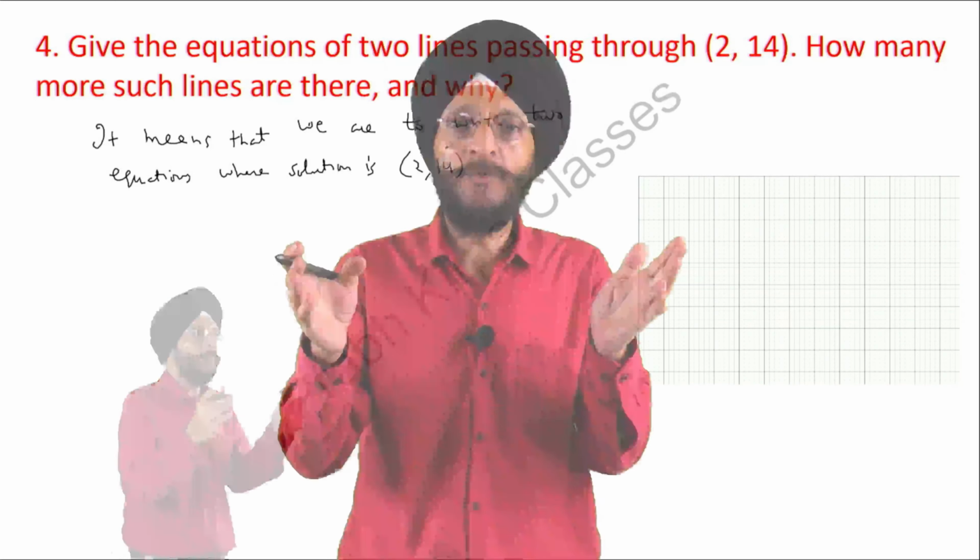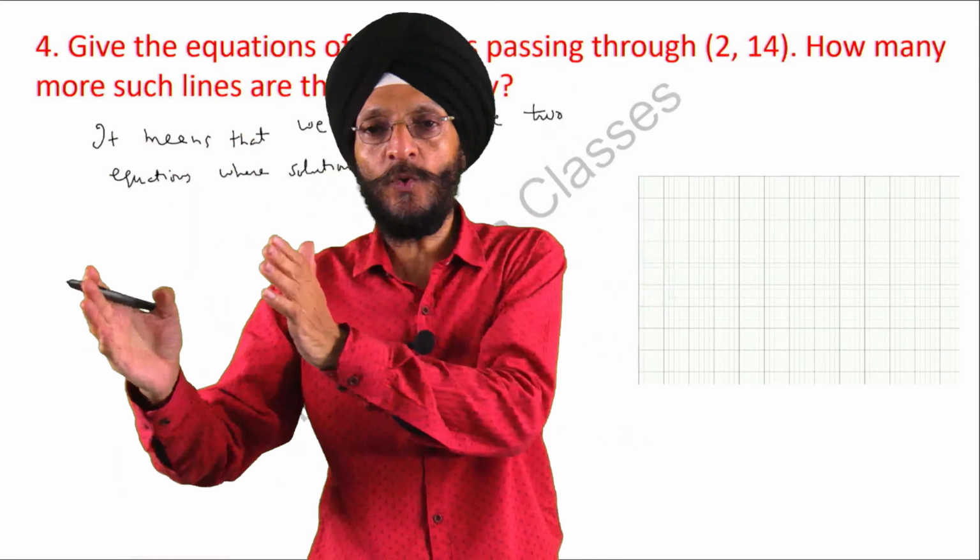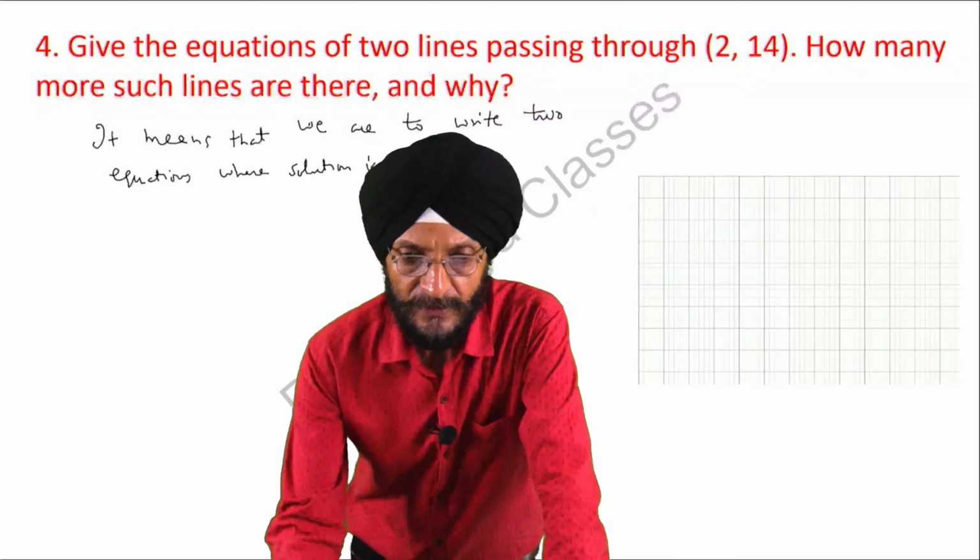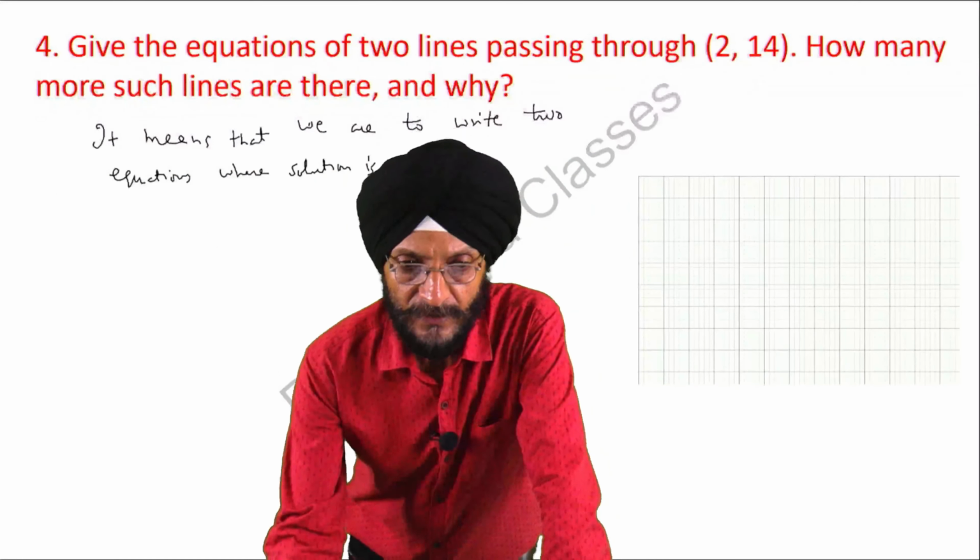You know the meaning of an equation, where the left hand side is equal to the right hand side. That is, where x is 2 and y is 14. That is, the value of x in that equation should be 2 and the value of y should be 14.